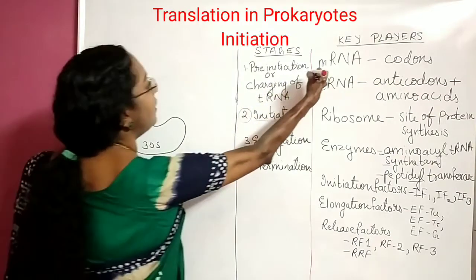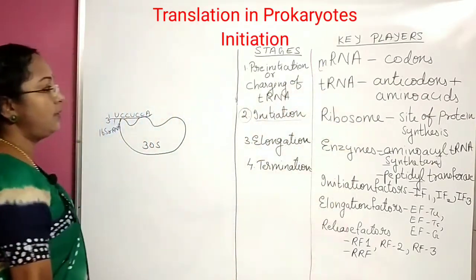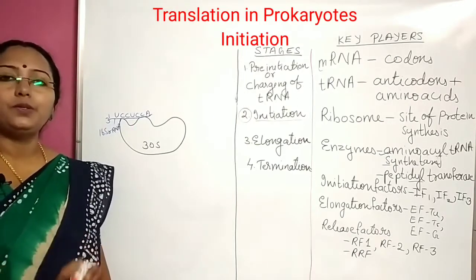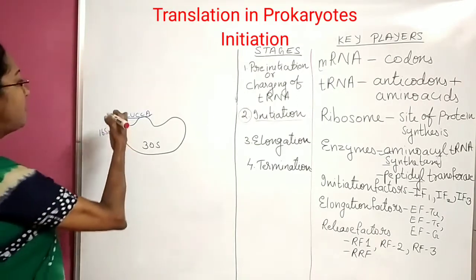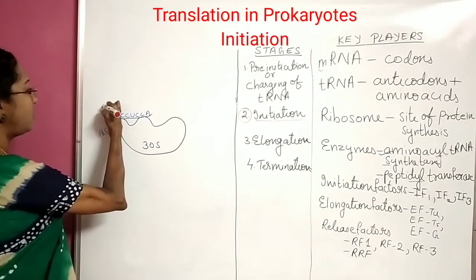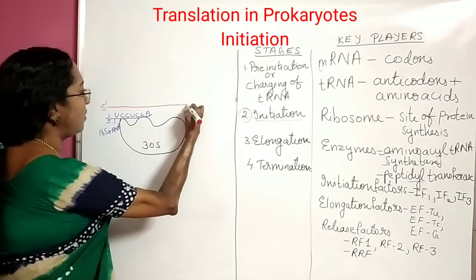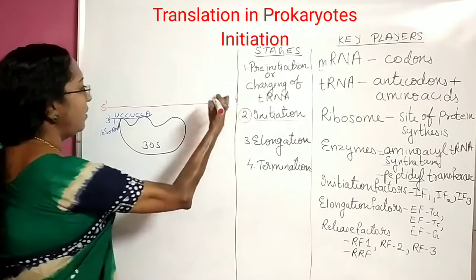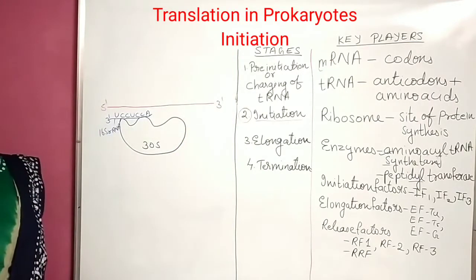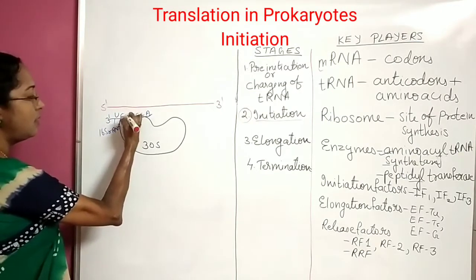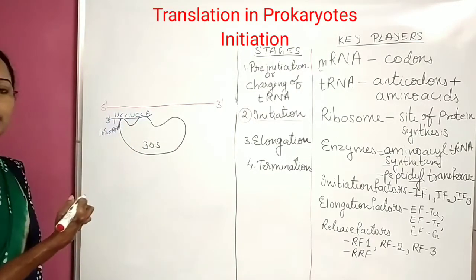And to this sequence the mRNA, that is the heroine, having the codons, that is the information to produce the proteins, comes and binds here. I am just drawing the mRNA with this red line. Naturally, when they have to bind, they have to have complementary sequences.